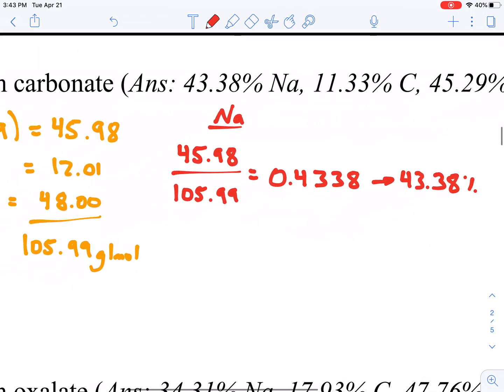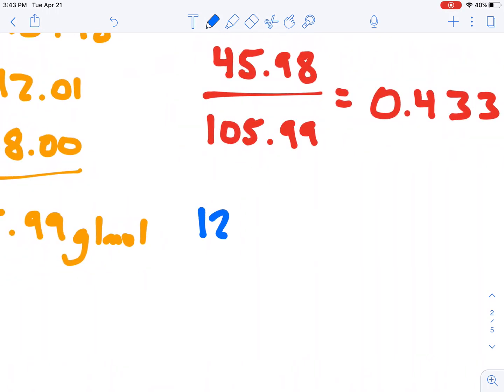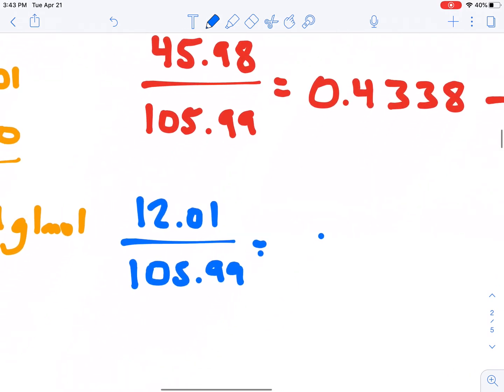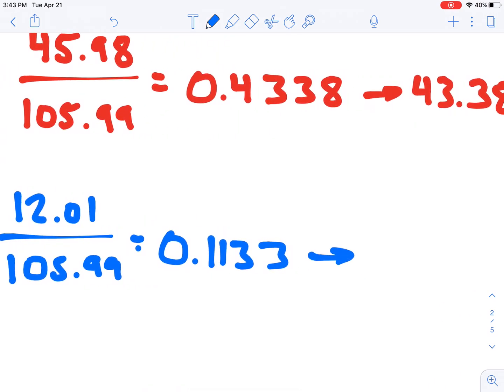And if we do it for carbon, we will take the mass 12.01 and divide that by our total, 105.99. And when we do that math, we will end up with 11.33, but it'll actually come into our calculator as 0.1133, which then becomes 11.33%.